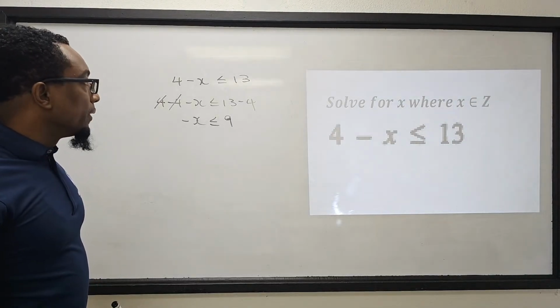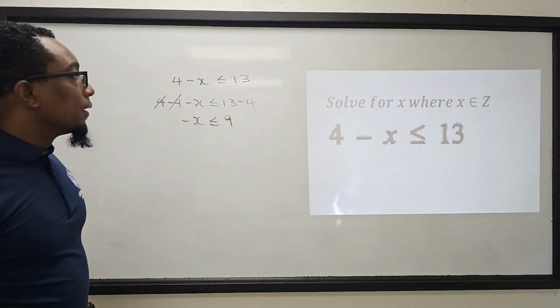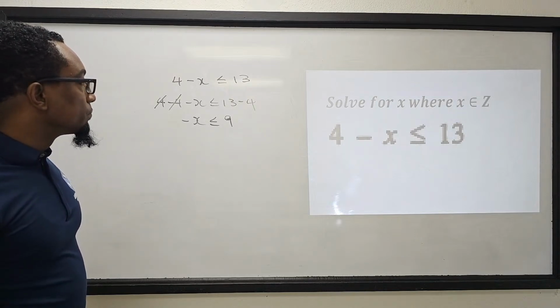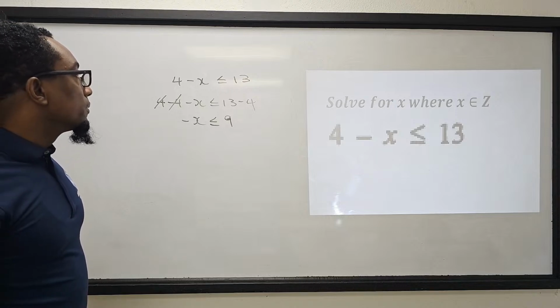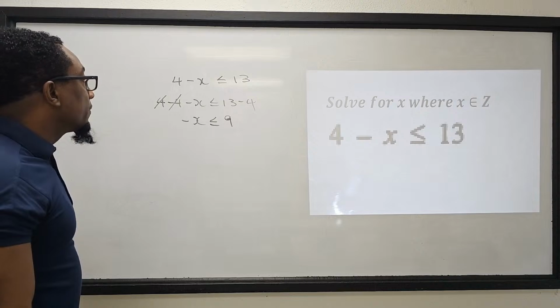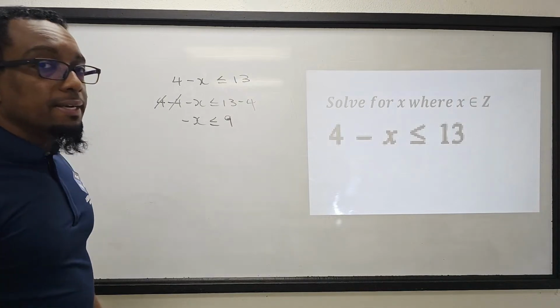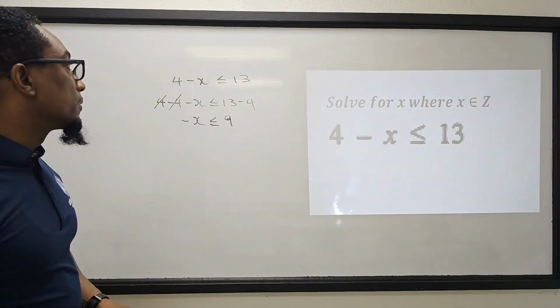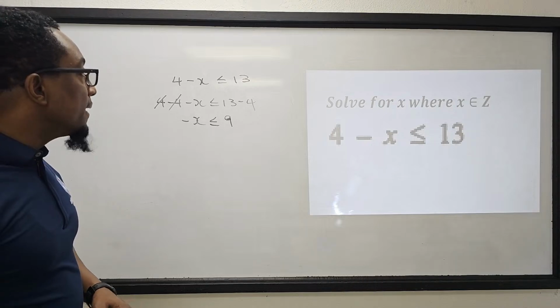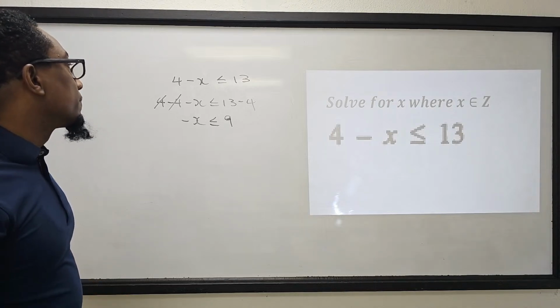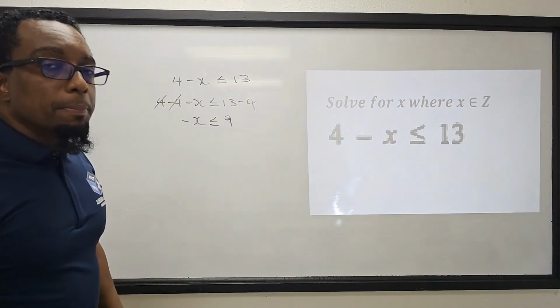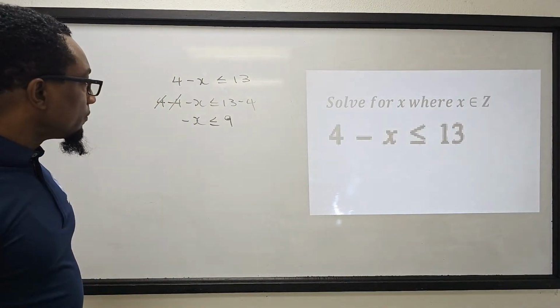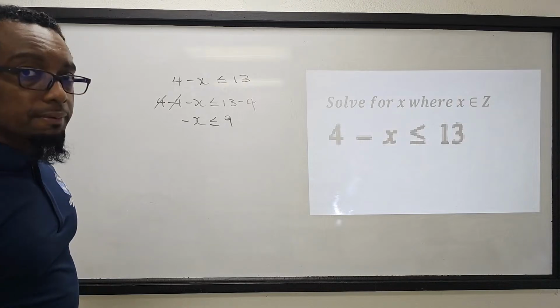So, what are we going to do? To get x by itself, we have to remove that negative sign in front of x. How are we going to remove it? We are going to first make x positive.